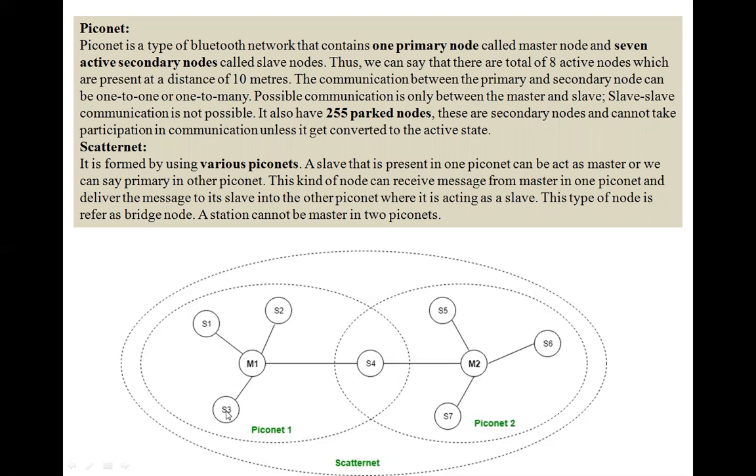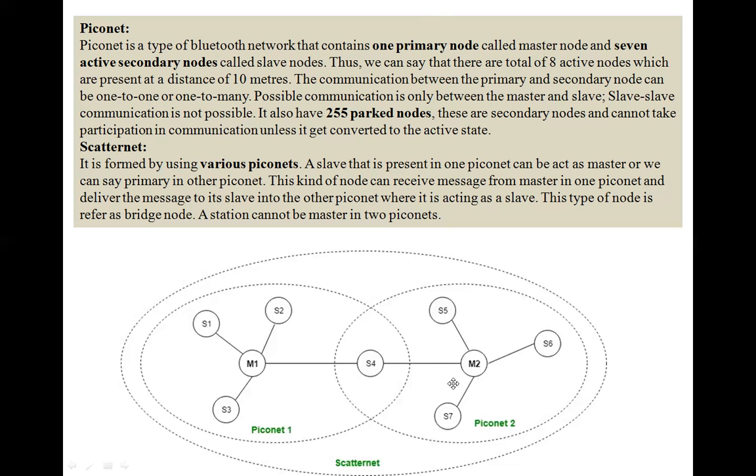But if you look, the S4 node is shared between Piconet 1 and Piconet 2. In Piconet 2, you can find M2 as another master, and it has nodes like S4, S5, S6 and S7. So both piconets together are called a scatternet.